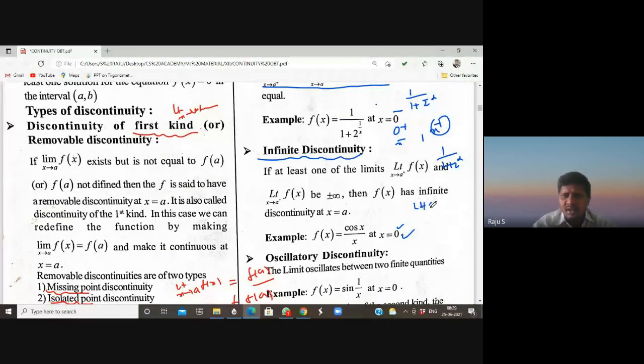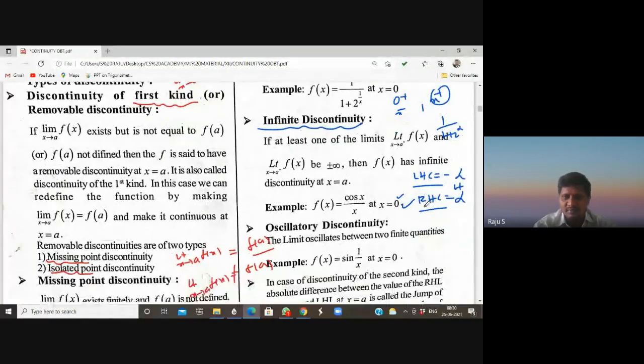For the left hand limit we get cos x by minus 0, which is minus infinity. For the right hand limit, x tends to 0 plus, we get cos x by 0, which is plus infinity. Here minus infinity is not equal to plus infinity.